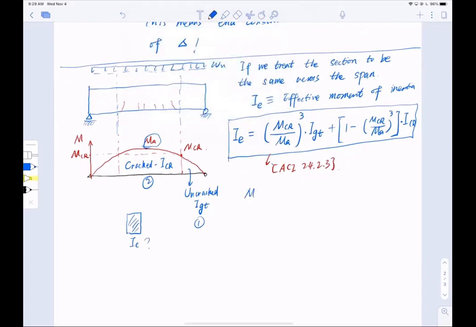Now MCR is the cracking moment, so I can write MCR equal to FR, the modulus of rupture, multiplied by IG divided by YT. And MA is the applied moment, in this case the maximum moment.